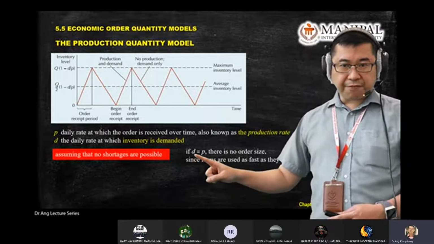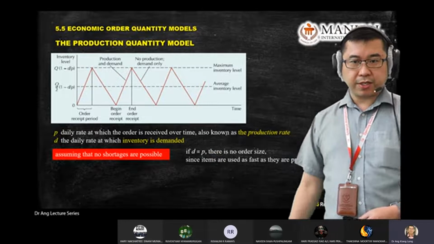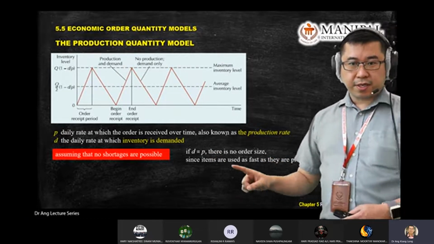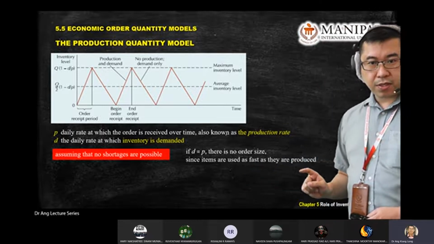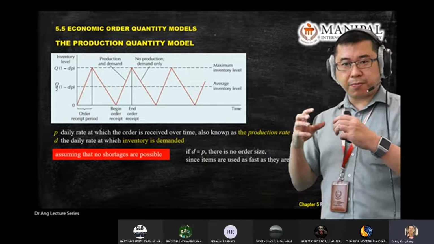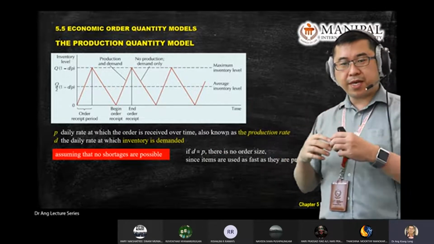So if D equals P, your demand equals your production, there's no order size. All right. D equal to P means the customer demand or purchase order from the customer will equal how many you produce.